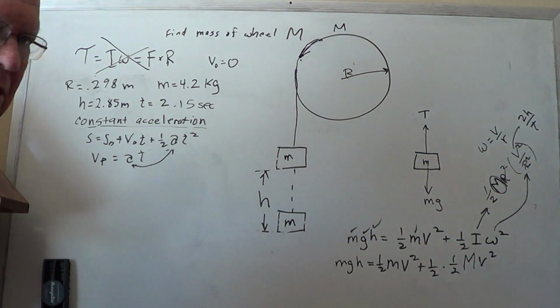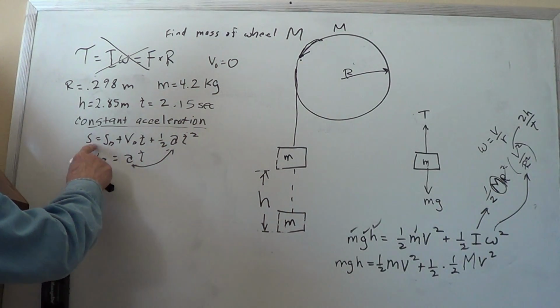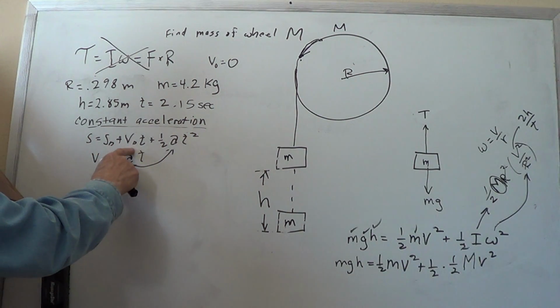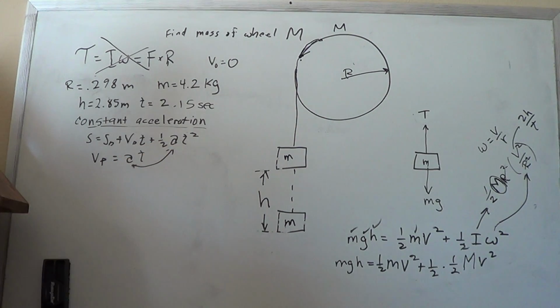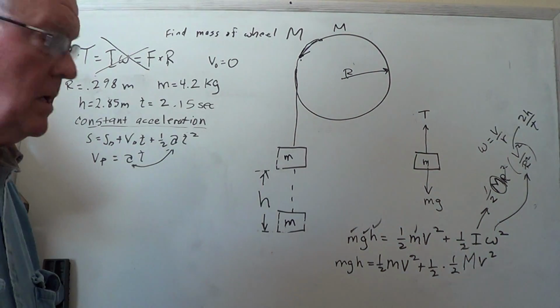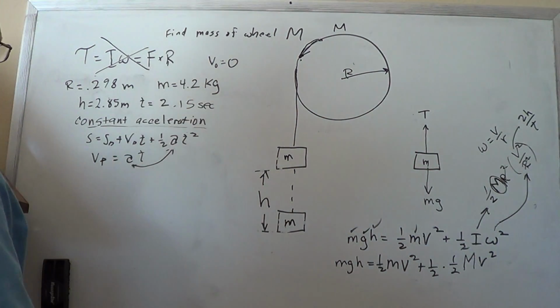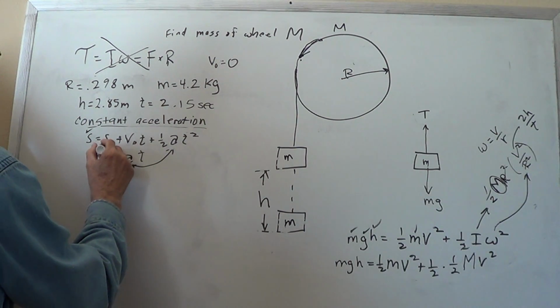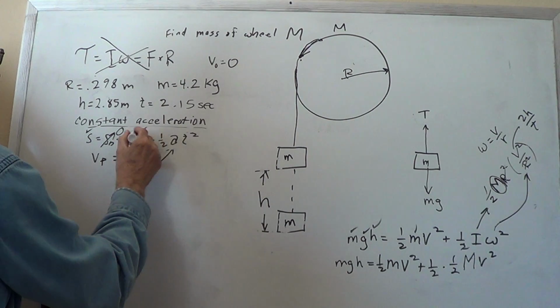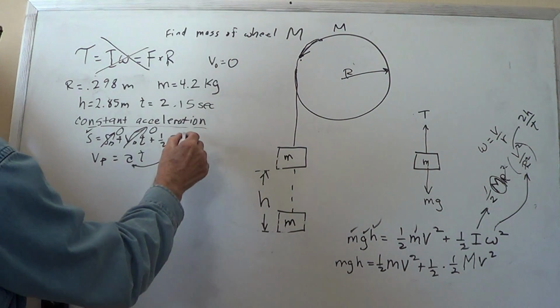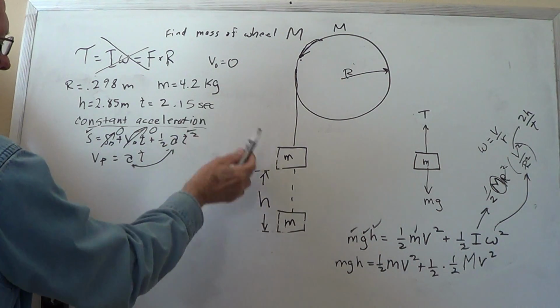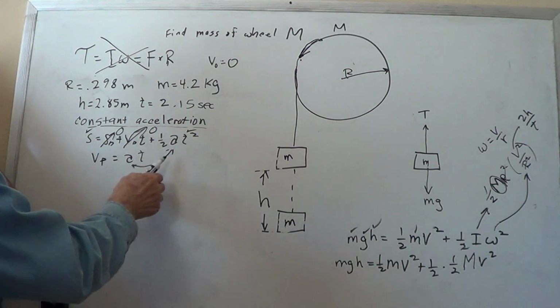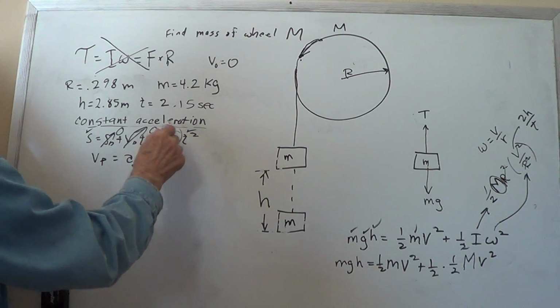Some books use S, some use D. You know the distance of travel, which is h. S0 is 0. V0 is 0. You're given the time that it takes to travel that distance, so it's very easy to calculate a.